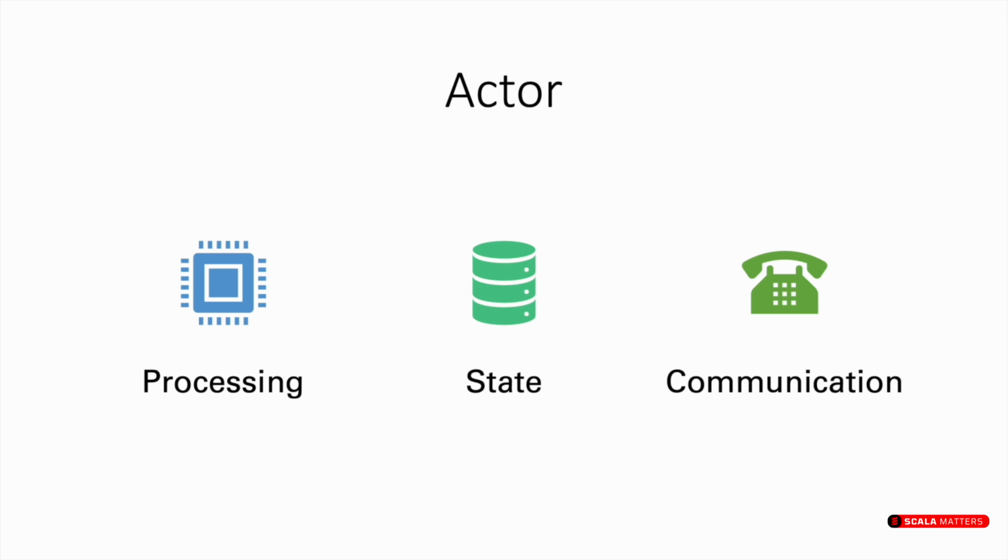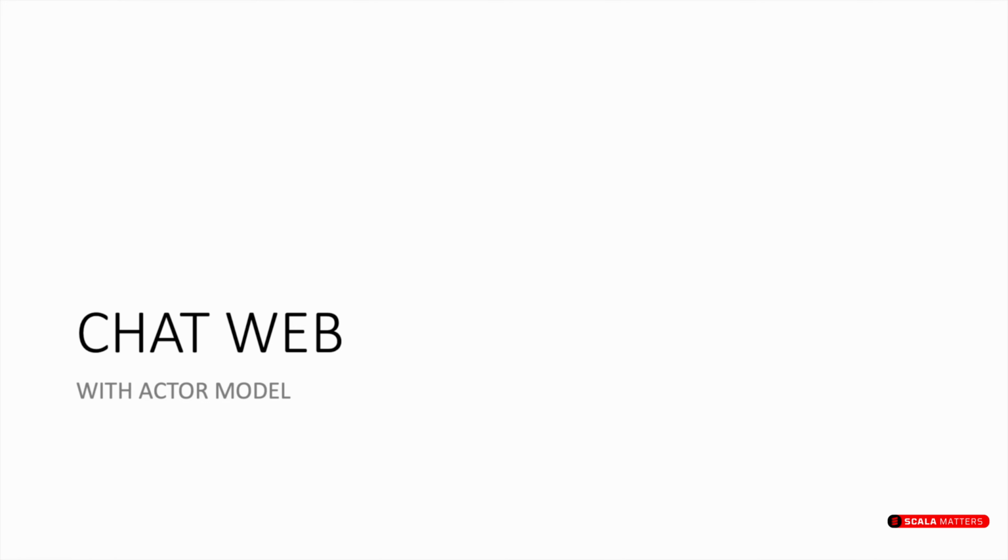This avoids race condition problems. And communication. It can send messages to other actors. When an actor receives a message, the actor can do something about the message and can reply with other messages to other actors.